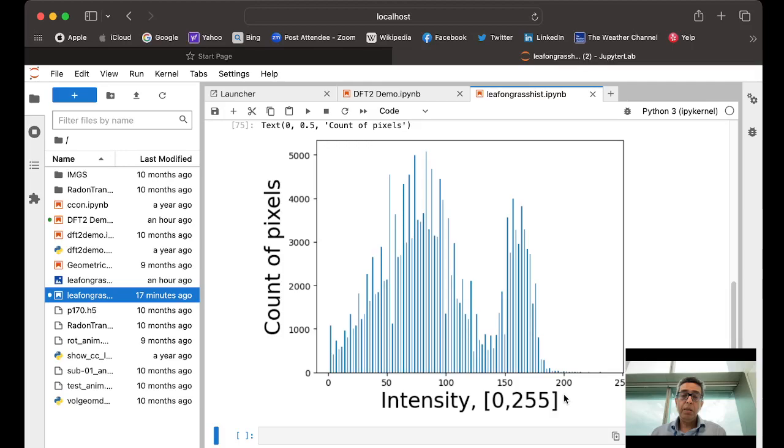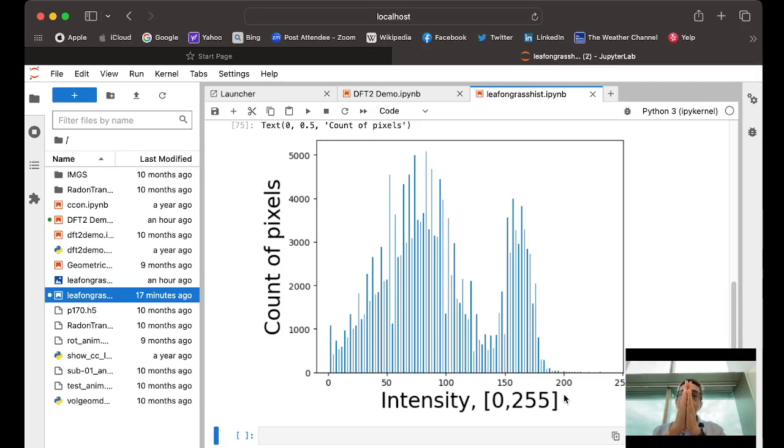I've used the NumPy histogram routine rather than the Matplotlib version of the histogram. I tend to prefer to do things using the NumPy histogram routine because I have full control over what's going on, and what it gives me is a count for each histogram bin to say how many pixels fall into this range in terms of intensity, and it also returns the bin edges.